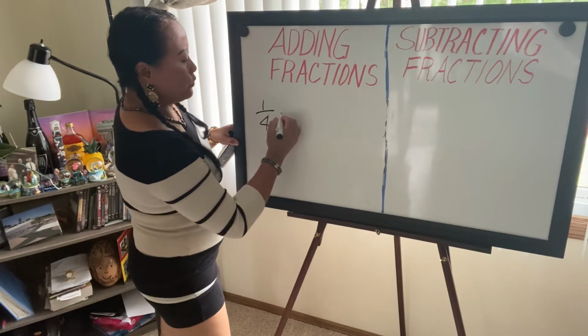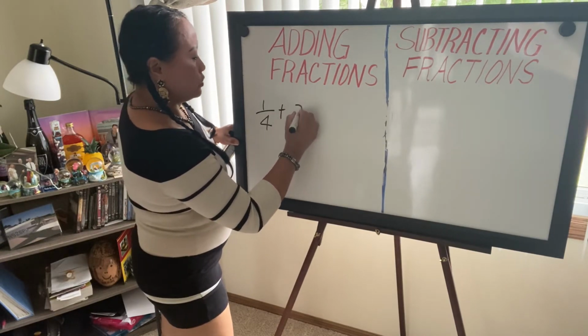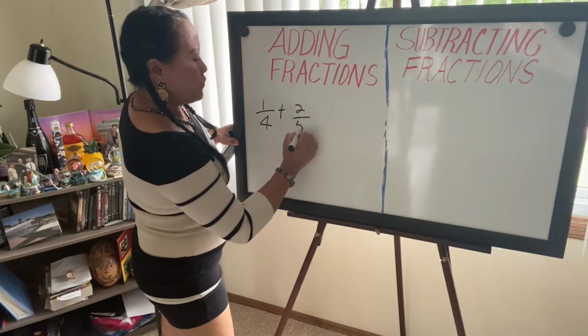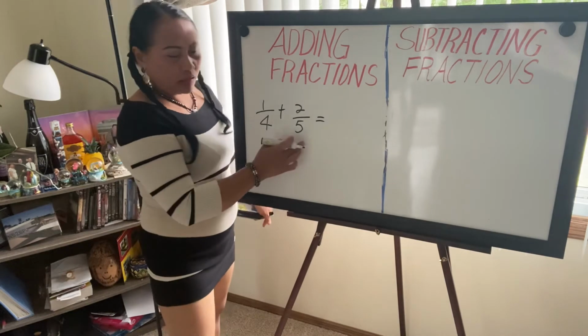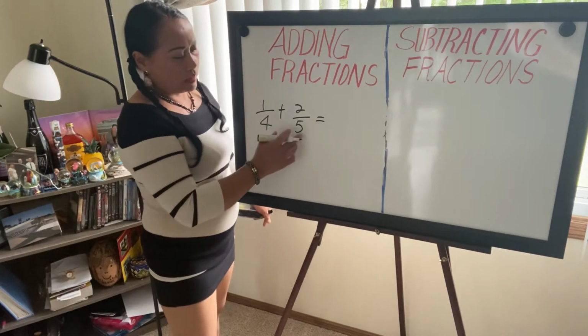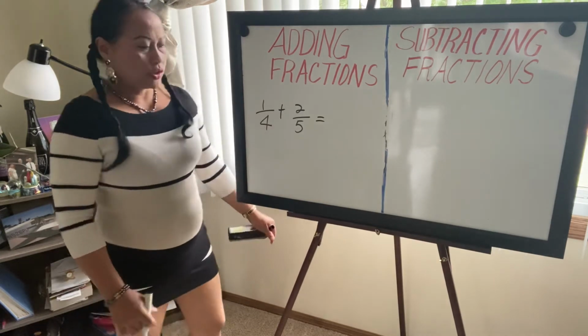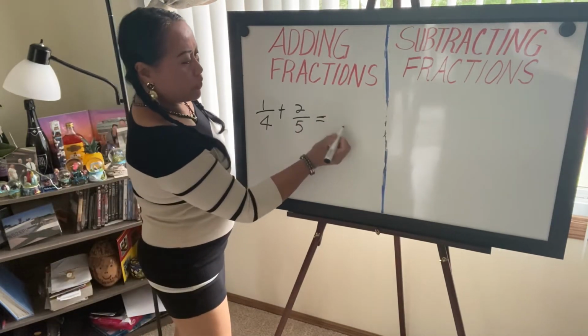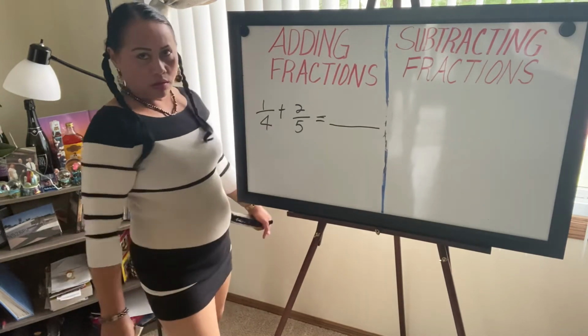1/4, okay, plus 2/5. Look at the denominators. They are different. So what you are going to do, you will find the least common multiple.